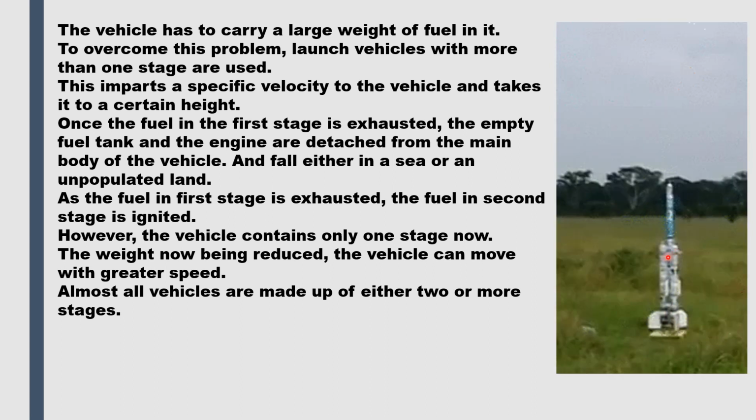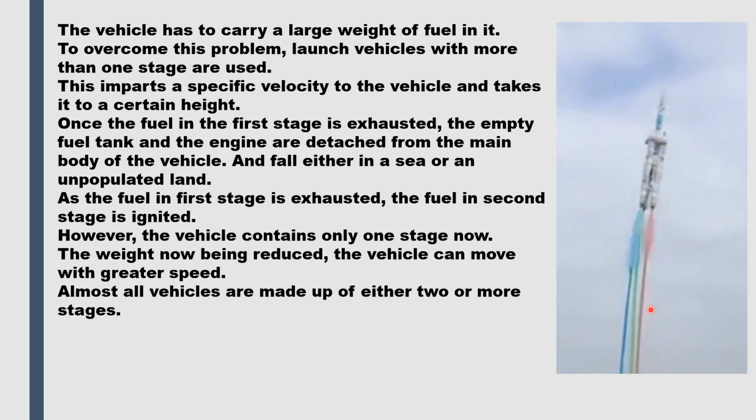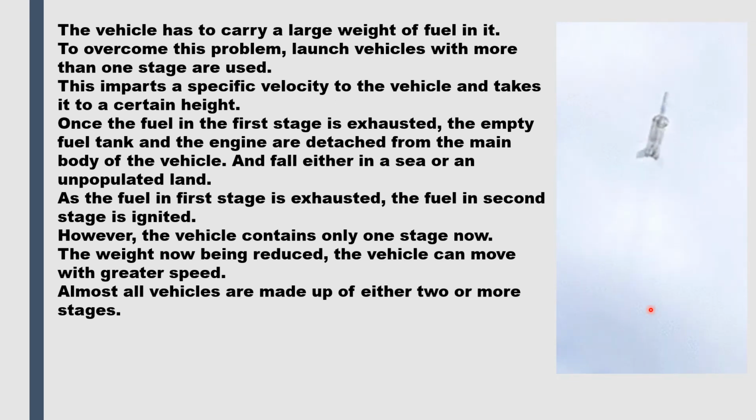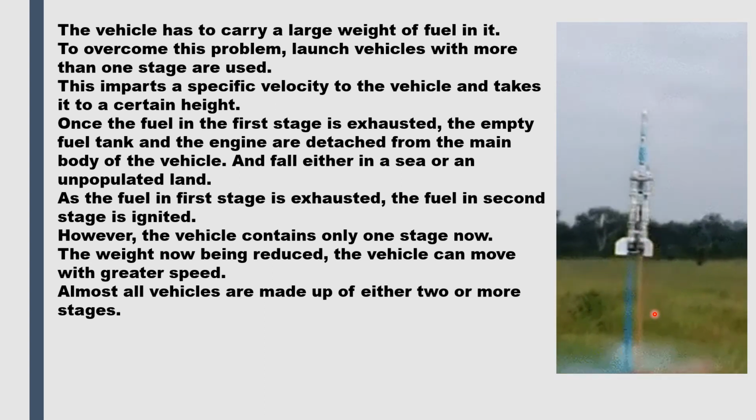Once the fuel in the first stage is used up or exhausted, that first stage gets detached, as you can see here in the image, and this detached part falls either into the ocean or onto a sparsely populated territory.